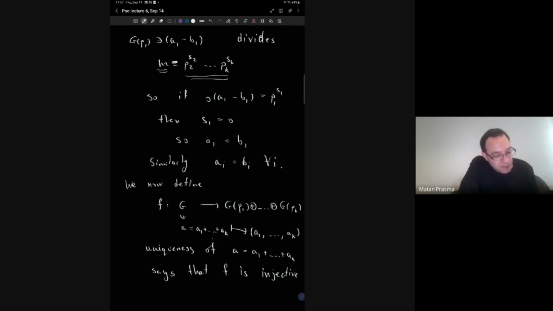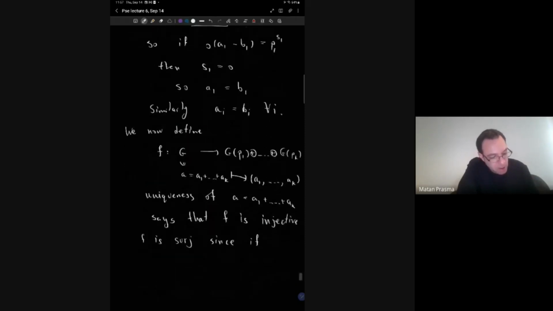Now F is surjective because if you give me any tuple A1 up to AK, then I can construct the element A to be the sum of all the coordinates in the tuple.